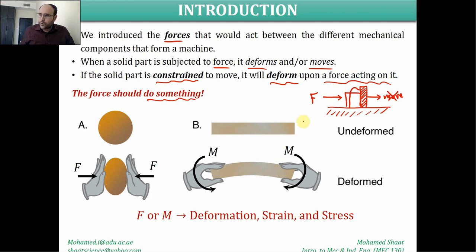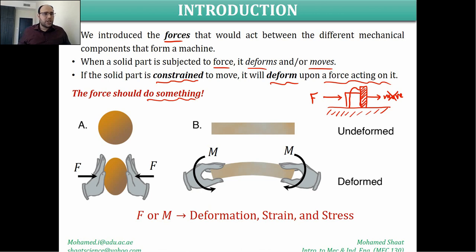So before the moment, before the force, because the moment is related to the force, it is the indirect effect of the force, as we mentioned, this bar was straight. Upon applying a moment over this bar, it will be bent, it will be curved, have this curvature. It means that there is a change in the shape.